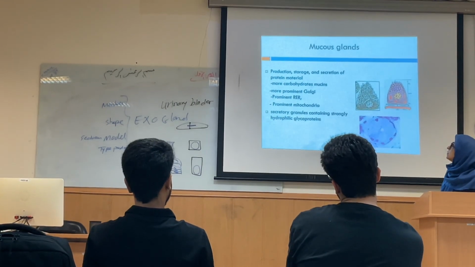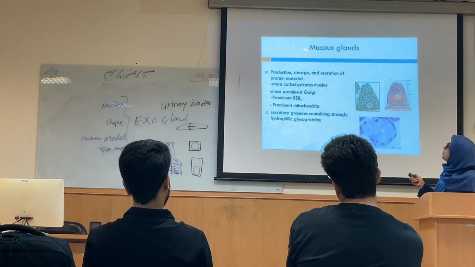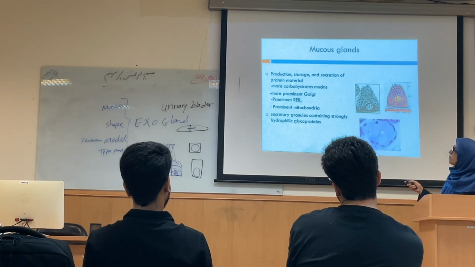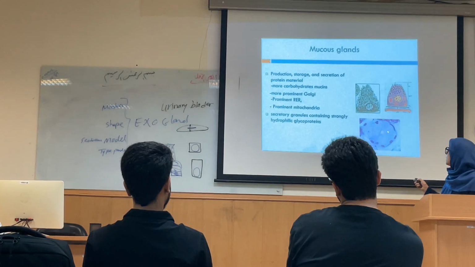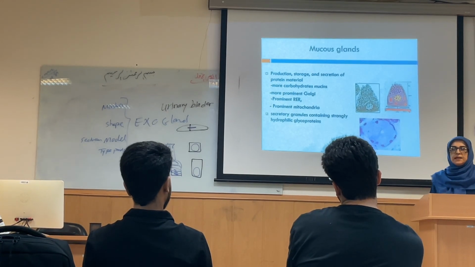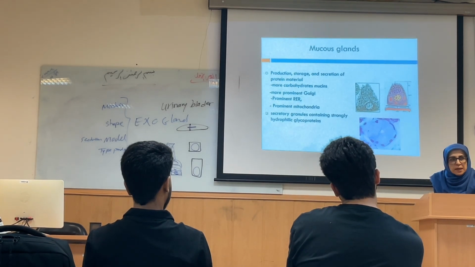Mucous glands include mucus cells that have more carbohydrate. Under the microscope, when we prepare a slice, as I explained yesterday, we use alcohol and xylene, remember that?